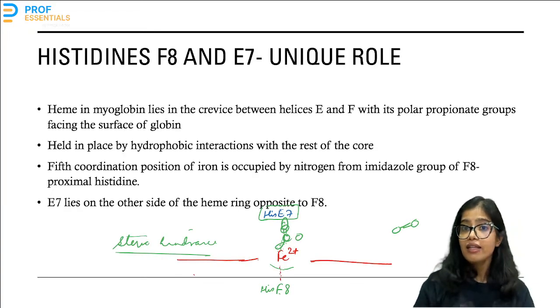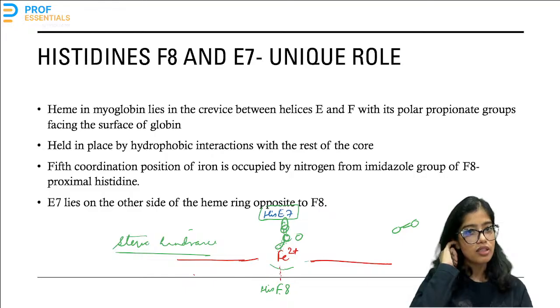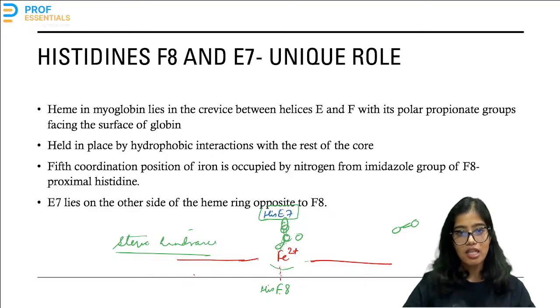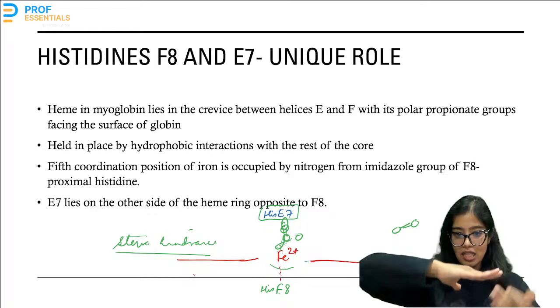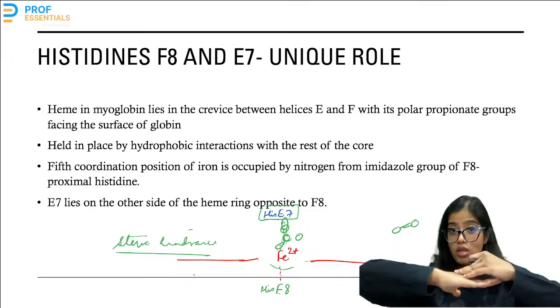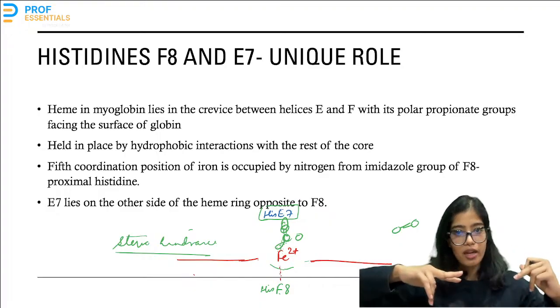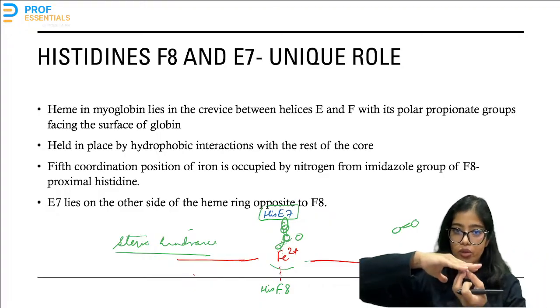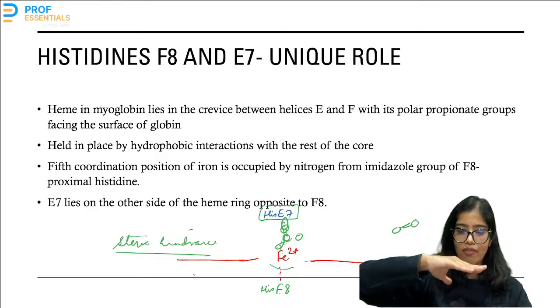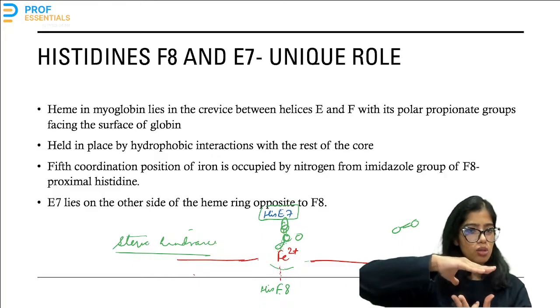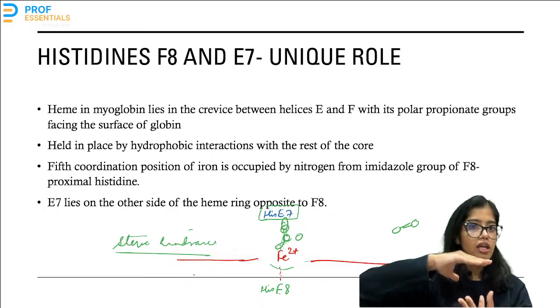Because the iron does not have any bonds above. See, ferrous iron has bonds in this plane, and it has a bond below this plane, but it has no bond above this plane. Therefore, all the four bonds in this plane are going to get cancelled, and it is going to get pulled slightly below because of this coordinate bond.